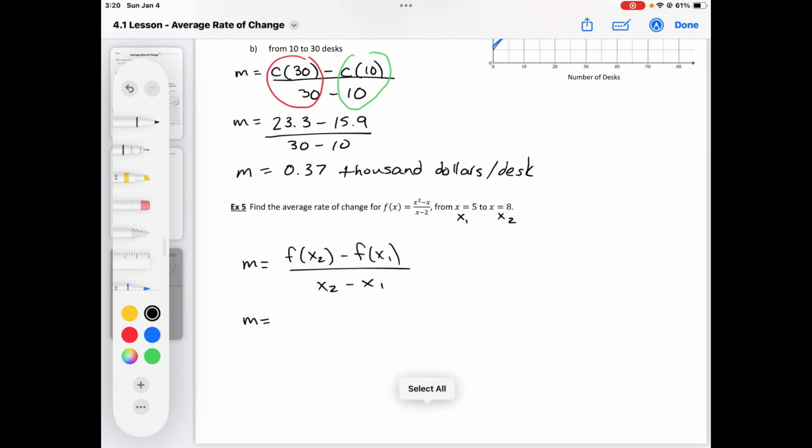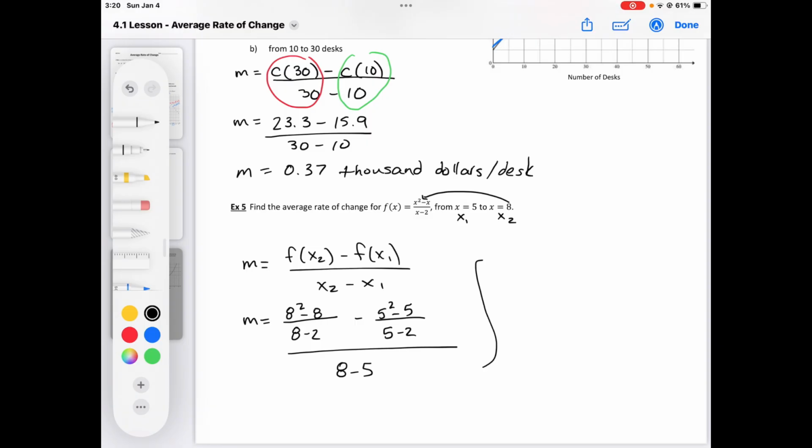Here, my f at x2, I've got 8 squared minus 8 all over 8 minus 2. That is just taking 8 and putting it into the function. And I'm going to do the same thing on this side except with 5. So I've got 5 squared minus 5 over 5 minus 2, all over 8 minus 5.